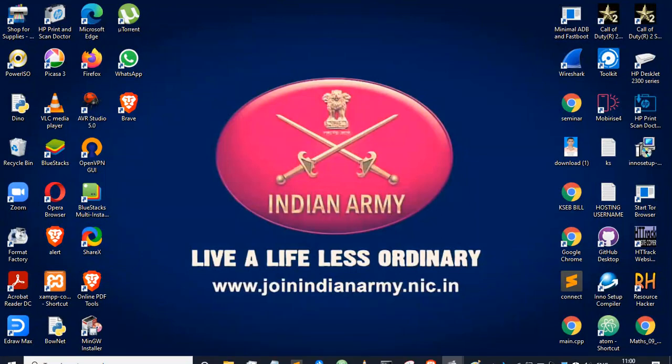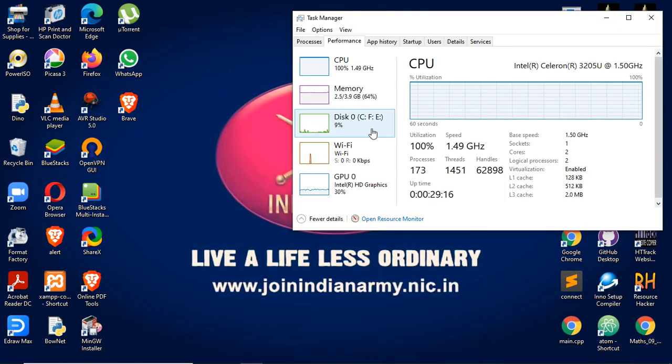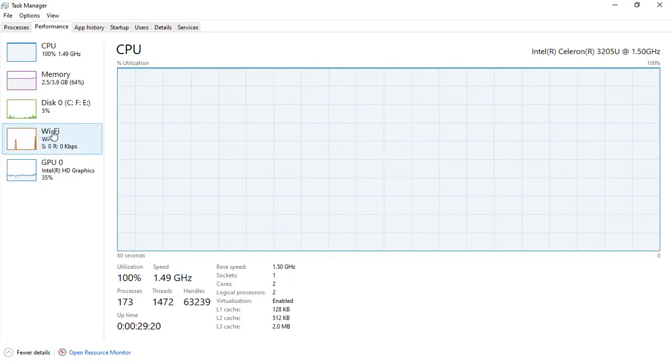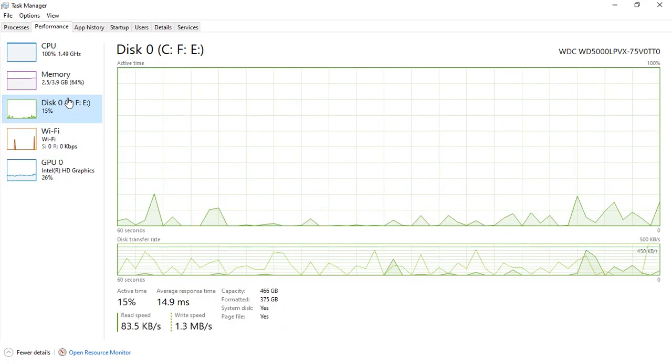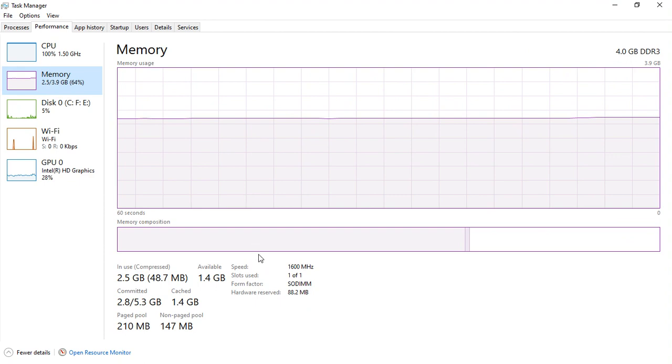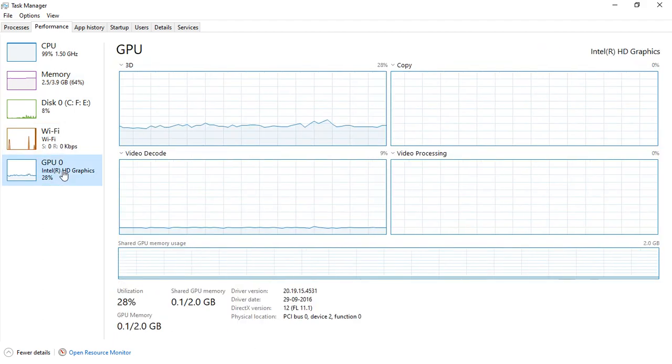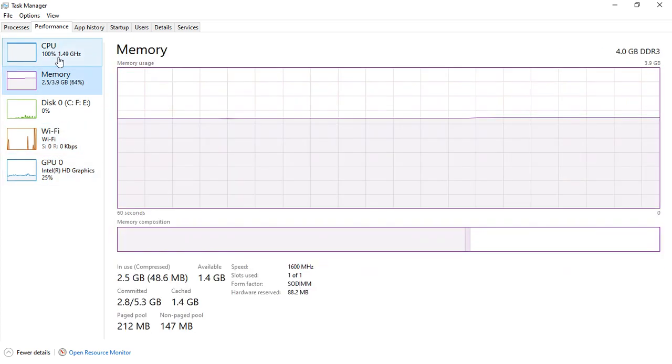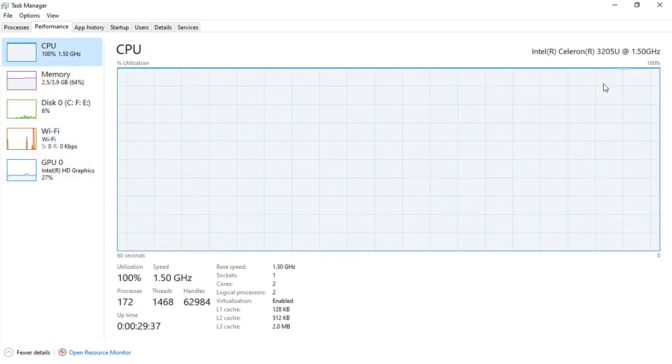Let me show the cache in the system. This is the task manager on a basic computer. We go to the performance tab, CPU. Here we can see there are three caches: L1 cache, L2 cache, and L3 cache.